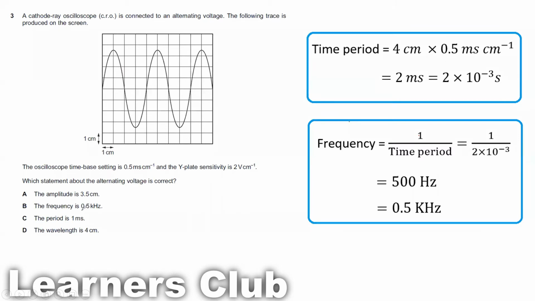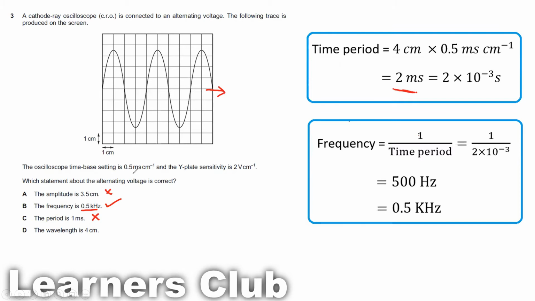So you can see this answer is correct. We already know this is wrong. This is correct. Let's check. The period is 1 millisecond. No, it is 2 milliseconds. So this is wrong. The wavelength is 4 centimeter. Again, the x-axis does not talk about displacement or distance.